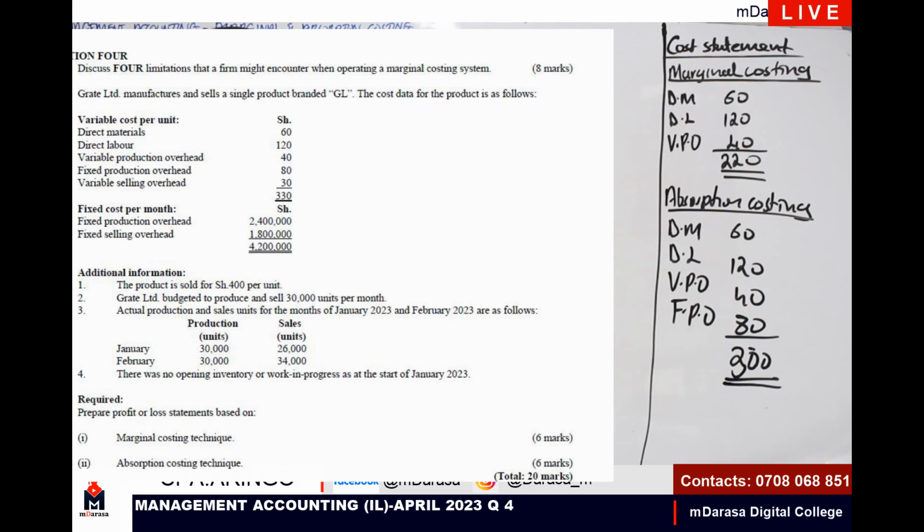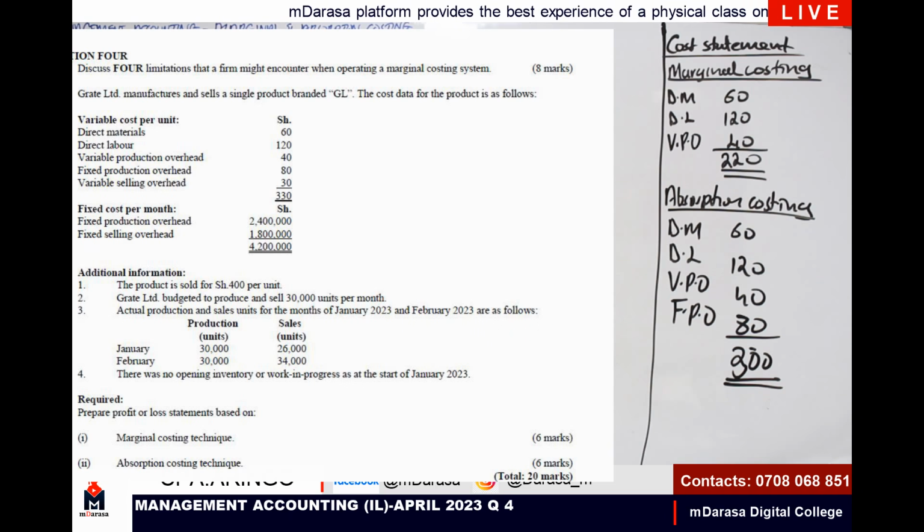Once you have this already, it is as if you summarized almost everything that will be required. So in that case, we prepare our statements. I'm having marginal costing, with January and Feb. I'm going to prepare it horizontally.